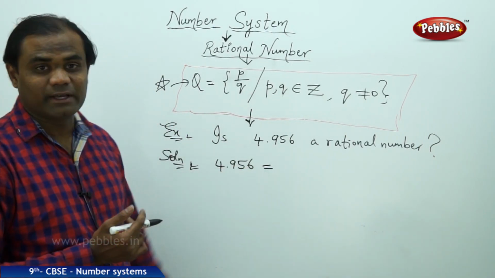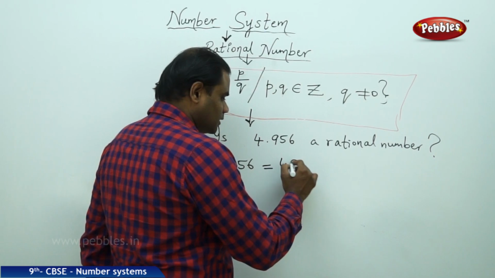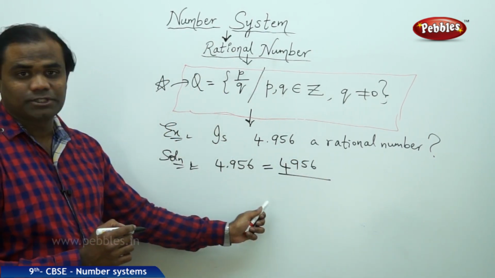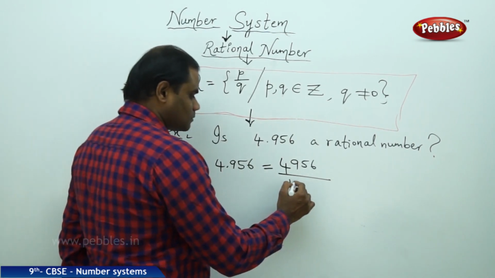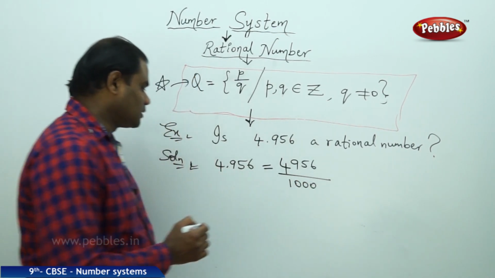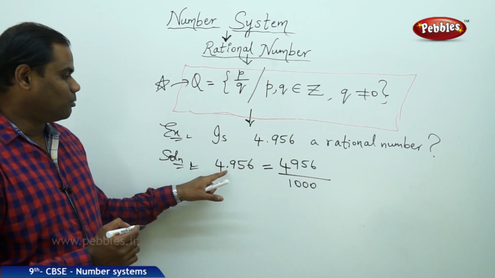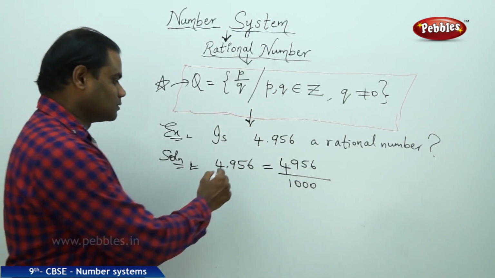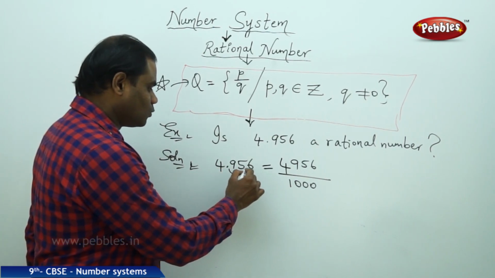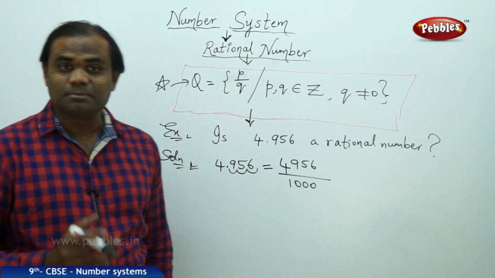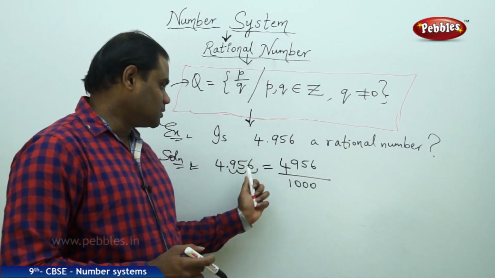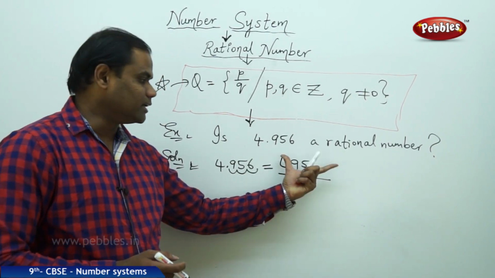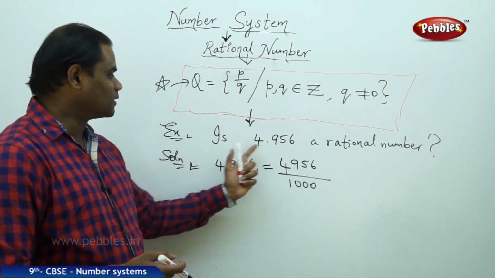Therefore, when 4.956 is converted to the non-decimal form, it has 3 zeros added to the denominator, so that this decimal 4.956 can be expressed as 4956 by 1000, the 3 zeros being counted on 1, 2 and 3 decimal places.